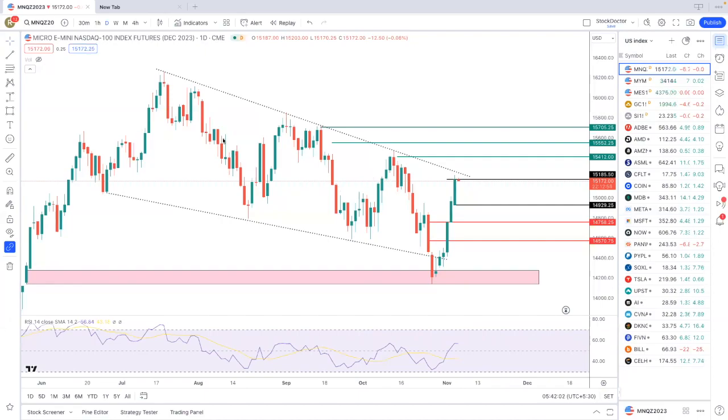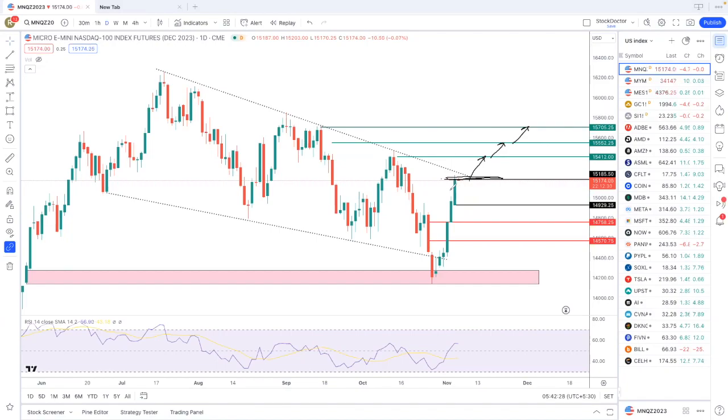Now, if you can see, Nasdaq 100 is at a very important resistance level of 15,200. If we manage to start trading above 15,200, which is this level, then there are three targets which I am seeing. The first is 15,400, second is 15,550, and third is 15,700.